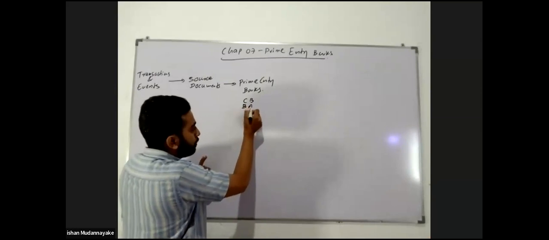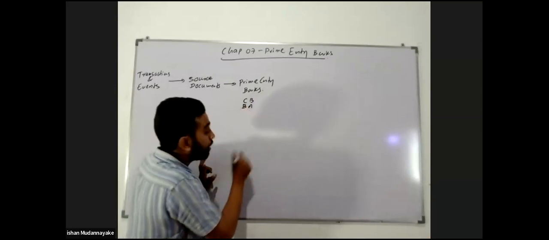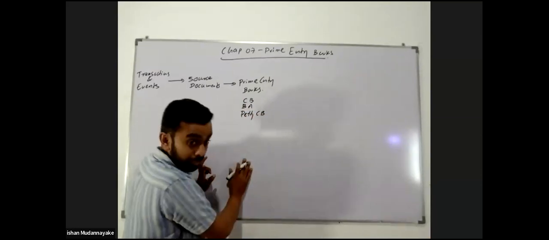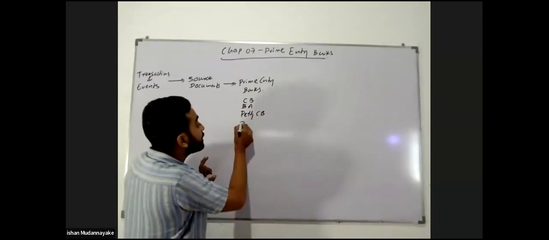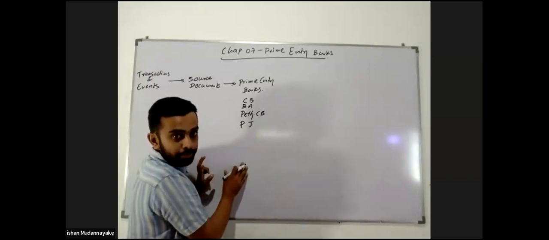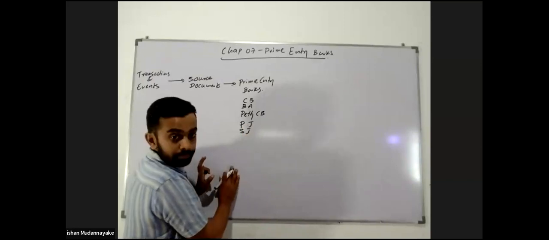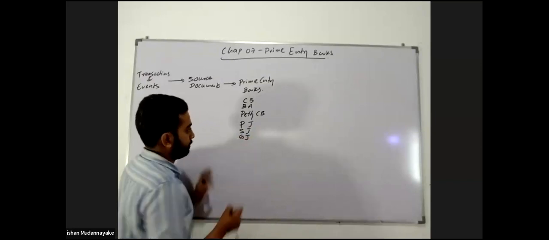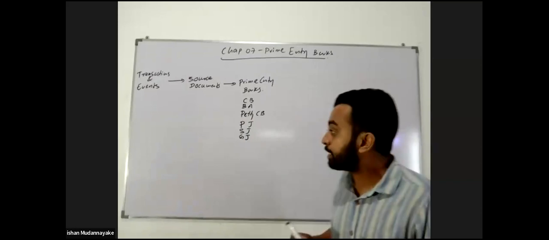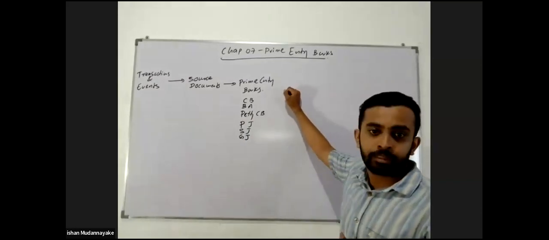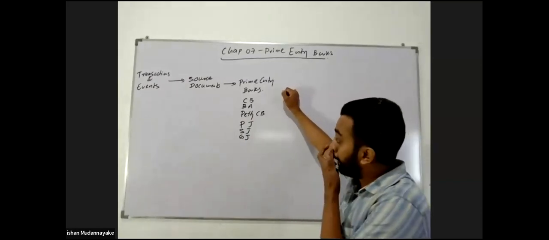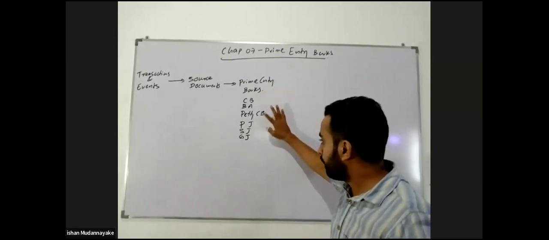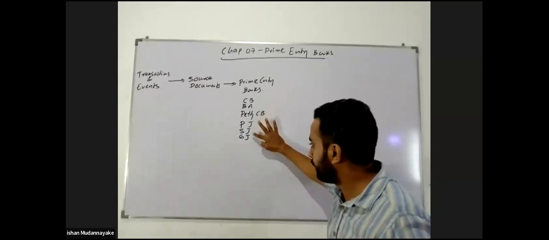Bank account, petty cash book, purchase journal, sales journal are other primary books. The last one is the general journal. These are the primary books discussed in O level: cash book, bank account, petty cash book, purchase journal, sales journal, general journal.